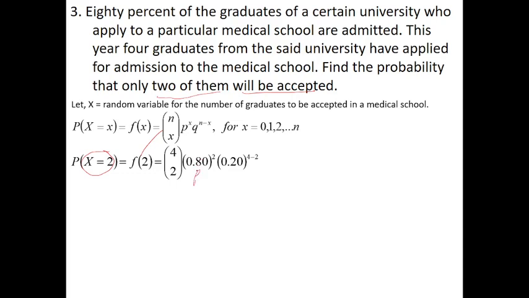Okay. Probability na for every graduate matatanggap siya sa medical school. Squared mo natin yon. Kasi raised to the power of x. Tapos, probability of failure, 0.20. Raised to the power of 4 minus 2. Okay, n is 4, right? Kasi 4 graduates. So, 4 minus 2. 2 yung x. Okay? 2 yung x natin, yung value ng random variable. So, ano yung magiging sagot natin?